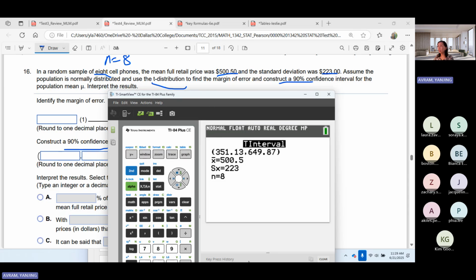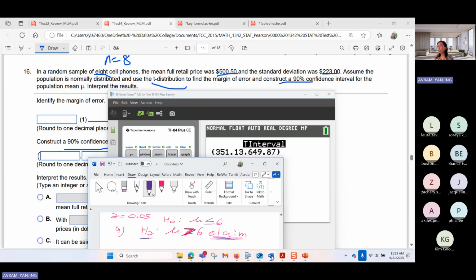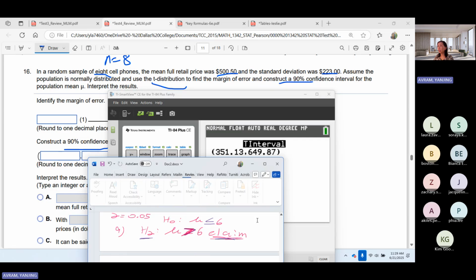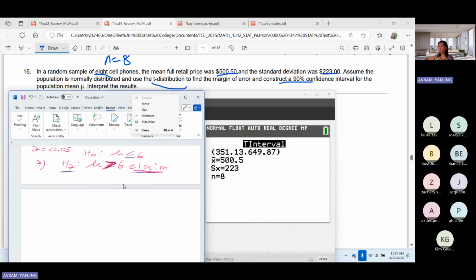And then, as I mentioned earlier, if I use this one, I can calculate my margin of error really quick. I just have to take the absolute value using 500, which is the mean price, minus one of them in here, right? And then take the absolute value. So that is my margin of error. Okay, I can use, say, 500.5 minus, say, 649.9.